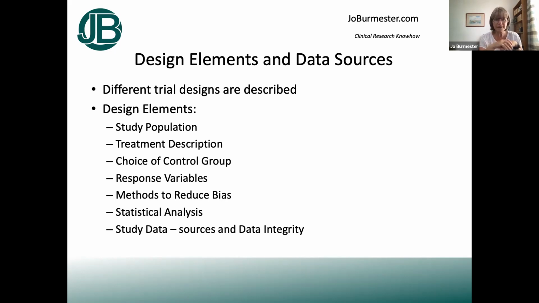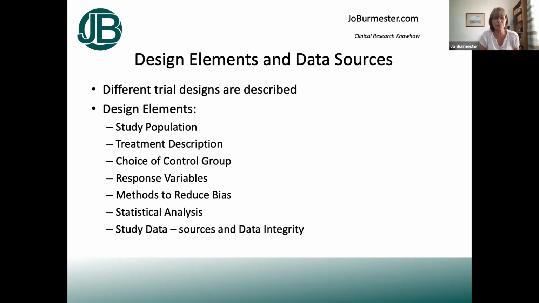Methods to reduce bias, and also confounding. So randomization, blinding, and also stratification if that's appropriate, if there's a potential confounding factor. But again, that can be quite difficult, particularly in some of the more advanced therapy products. So again, it's about justifying your choice and the decisions that you're making.